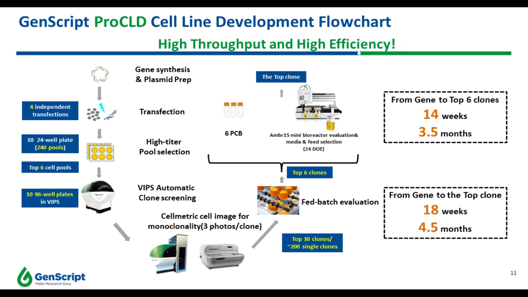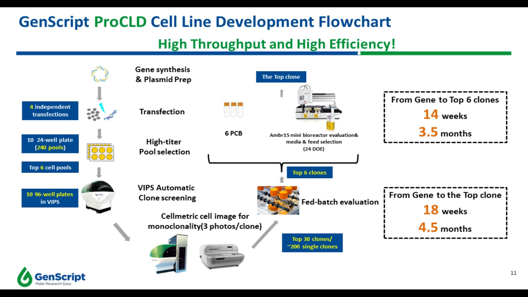And then they go into 96-well plates in this VIPS machine. They do automatic clone screening, and the cell imaging can ensure their monoclonality, and they take 3 photos per clone.